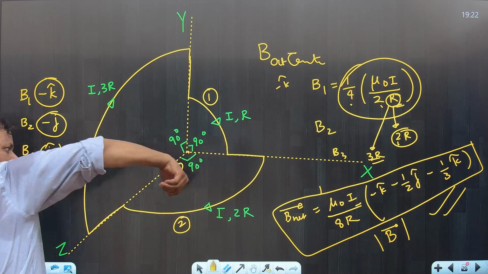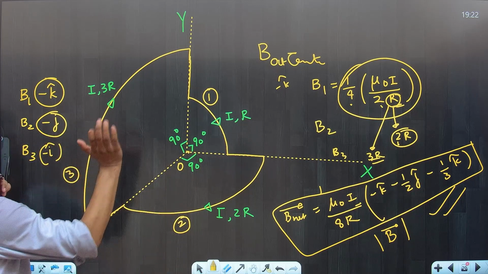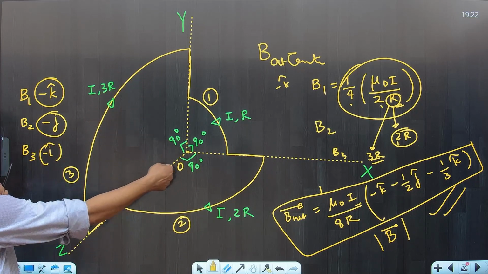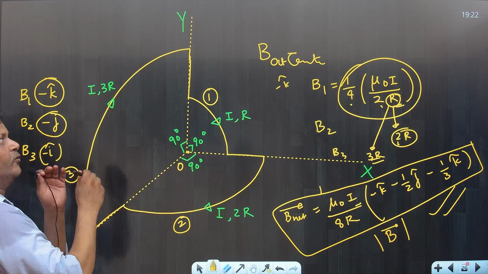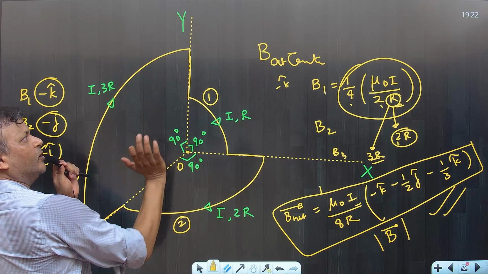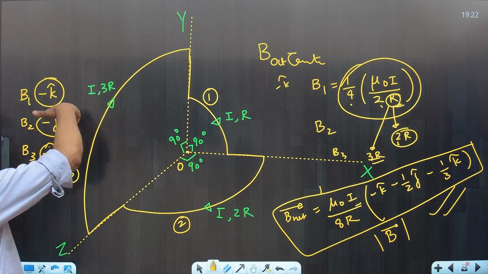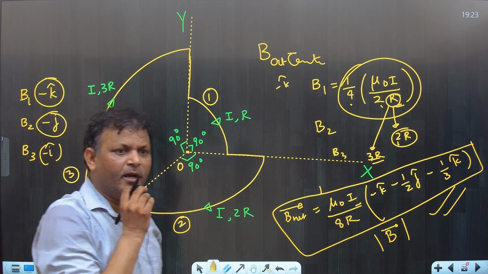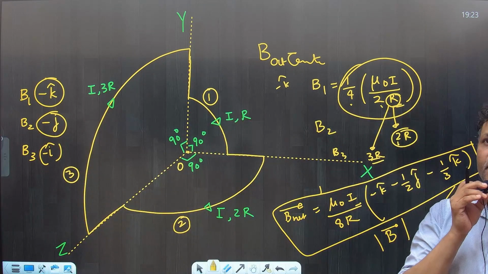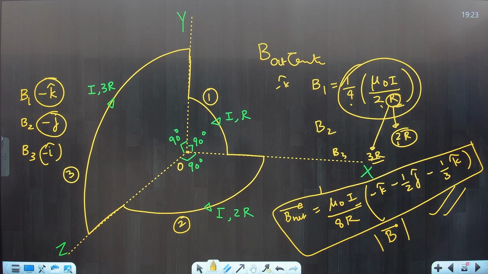Curl your right hand fingers, it will go minus J cap. Curl your right hand fingers along this. Actually the line which is coming like this, this loop is like this. So you are going like this, then magnetic field is in minus I direction. So it was easy to keep the values and get the direction and get the magnetic field at the center.